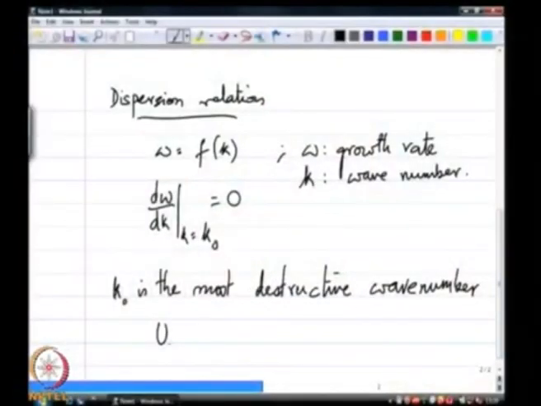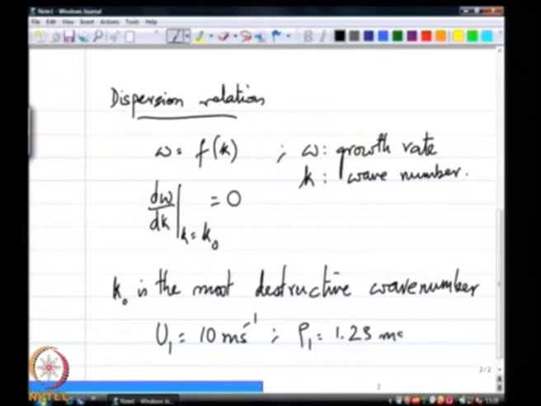And this has been validated experimentally in many situations. Like the example that we just solved, you can show for yourself that you can go back to the dispersion relation that we solved.